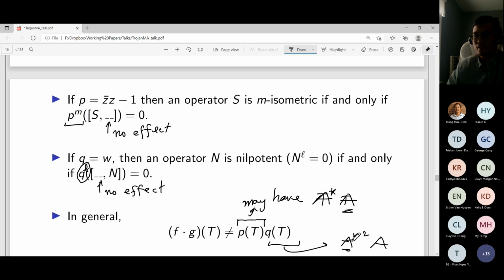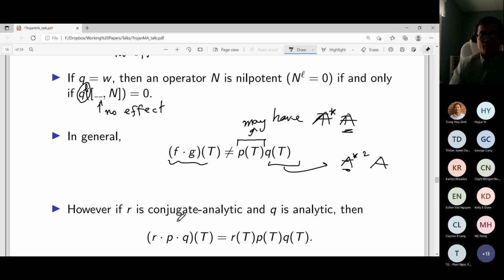We cannot move the A star to the left because A and A star may not commute in general. So that's why when we multiply these two, we may not get f times g applied to the tuple.